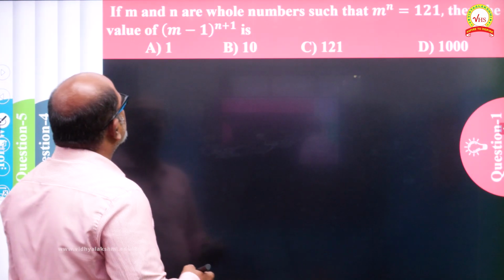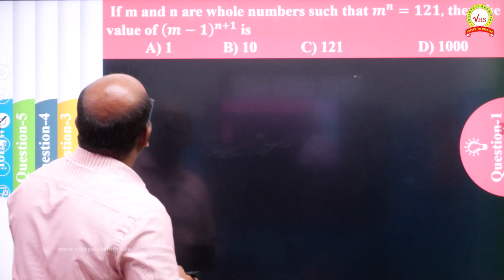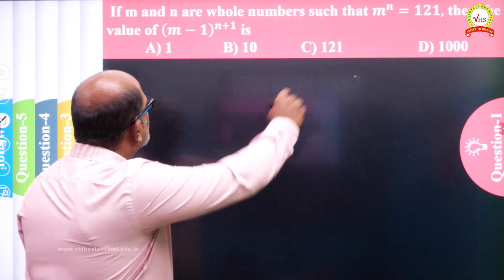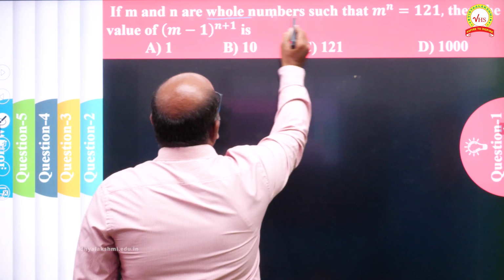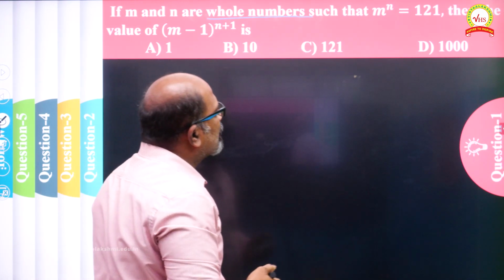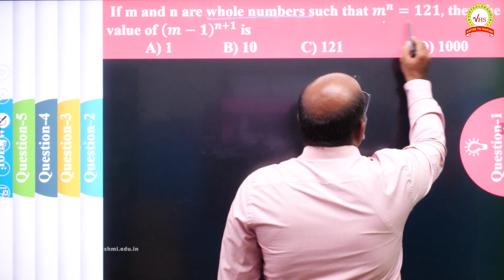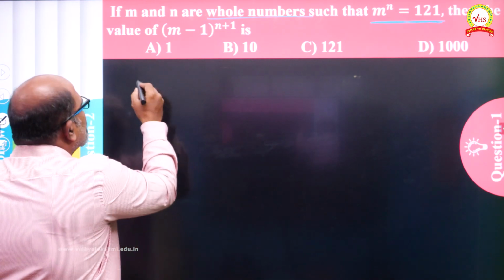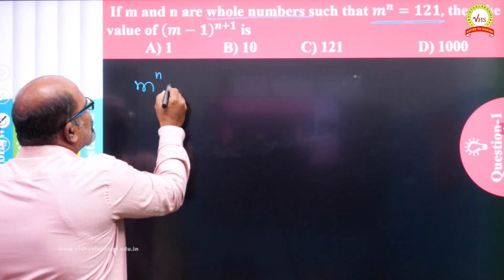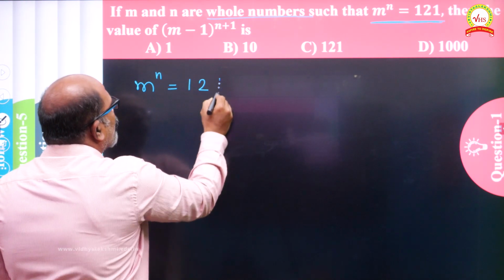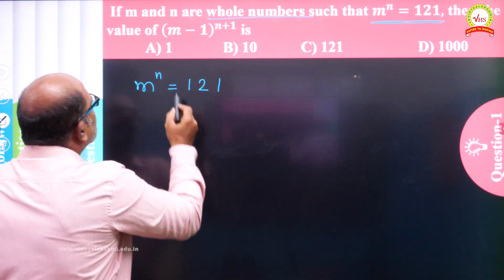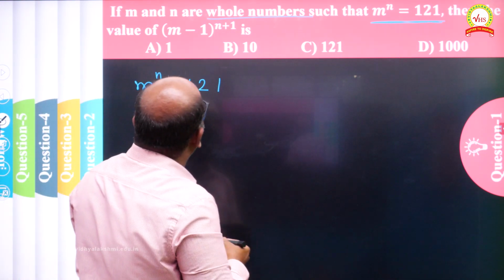Yes, you can see the first question here over the screen. It is mentioned that m and n are whole numbers such that m power n is equal to 121. An equation is given. Then it asks us to find the value of (m minus 1) the whole power n plus 1.